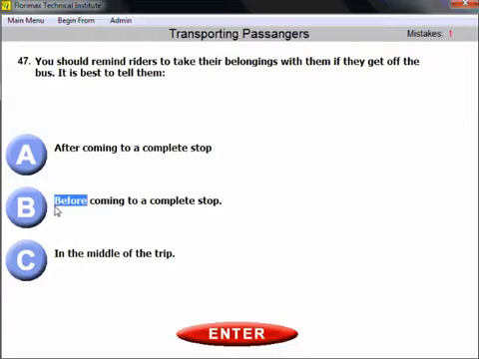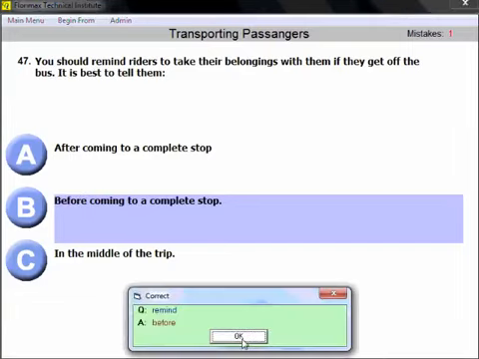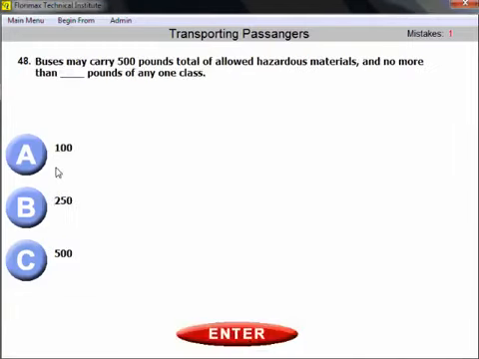Always do everything before, and go with this rule, and you'll be okay. Before coming to a complete stop, remind riders to take their belongings with them. Before.